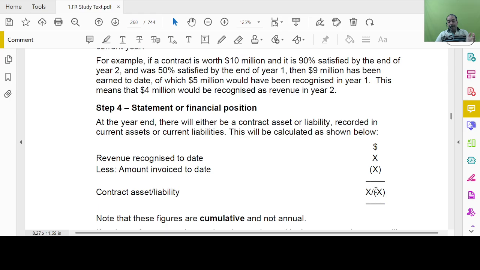So a contract liability will be in negative. 500 minus 600, it will be a negative figure. Okay. So this will be the contract liability. So like this, we will be having questions based on contract costing, where we have to find out what is the percentage of work completed during the current year, accordingly show the revenue, accordingly show the profit.